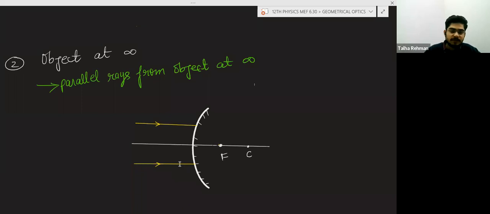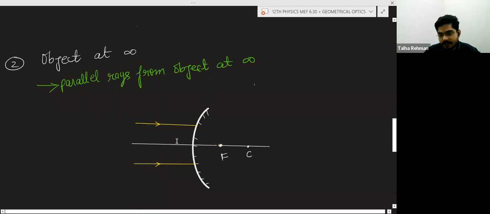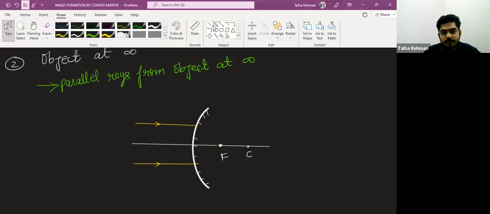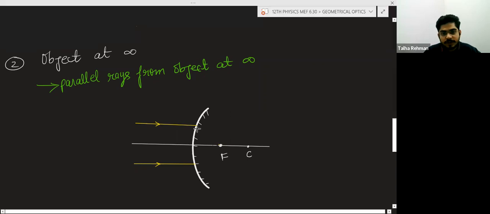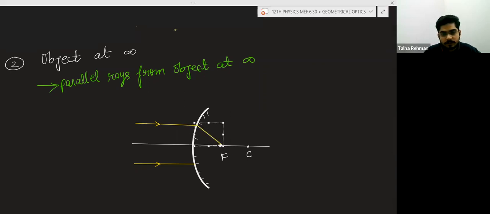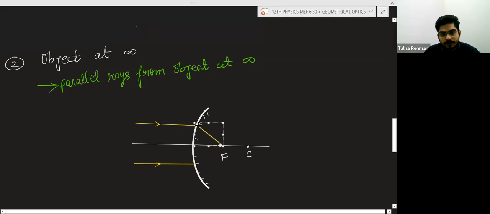So what will happen? This ray is parallel to the principal axis, so after reflection it will appear to be coming from the focus. So you can draw the image.